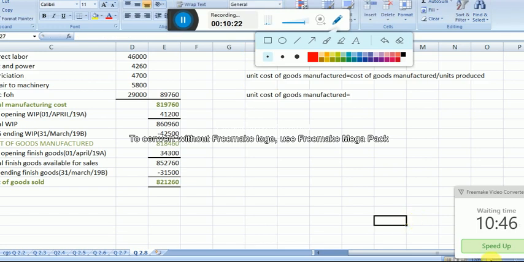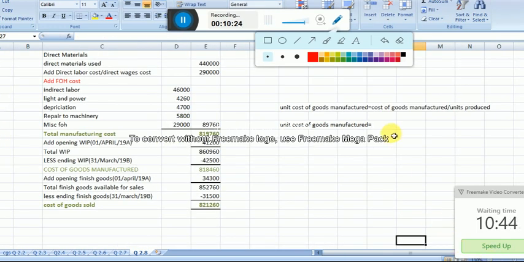What is the cost of goods manufactured amount? This amount, cost of 8,18,000.